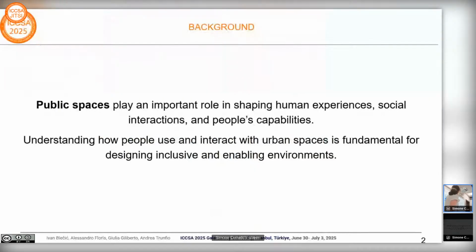We focus on a specific category of urban spaces, public spaces, because they play a crucial role in shaping human experiences, social interactions, and people's capabilities. We will go deeper into this concept later.